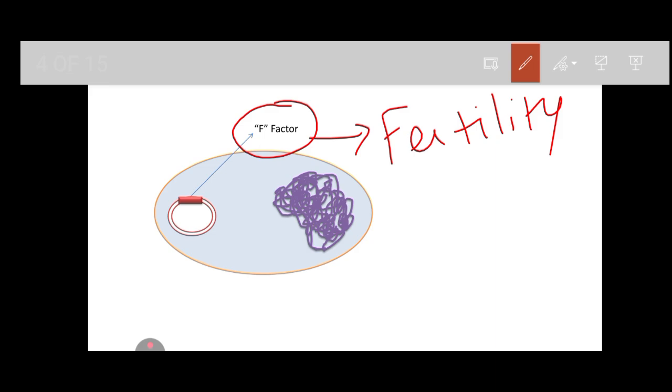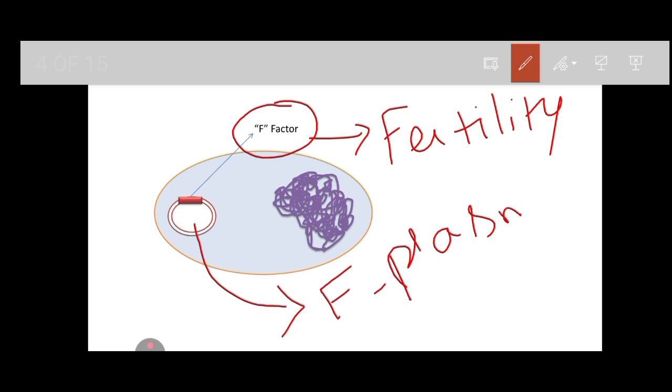Pili is a hollow tube synthesized by a donor bacterium. A donor bacterium is one which contains this F plasmid, and in short it is referred to as D. Remember all these things very carefully.